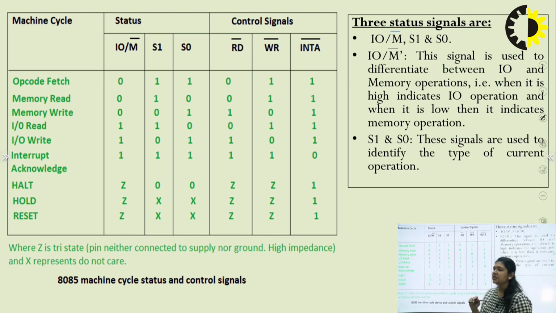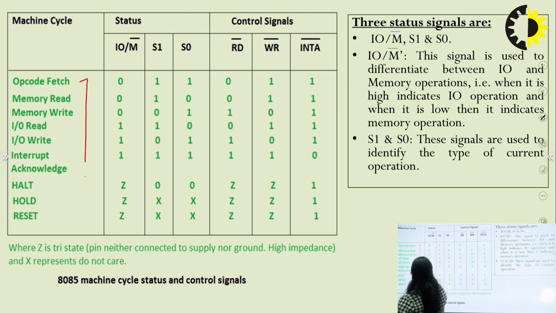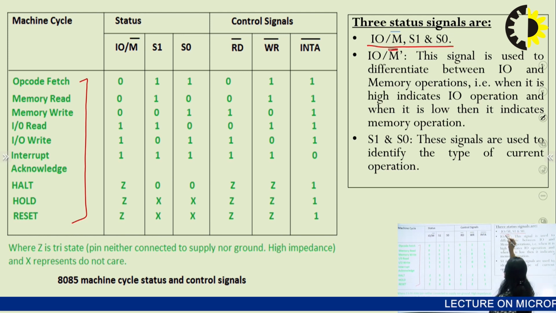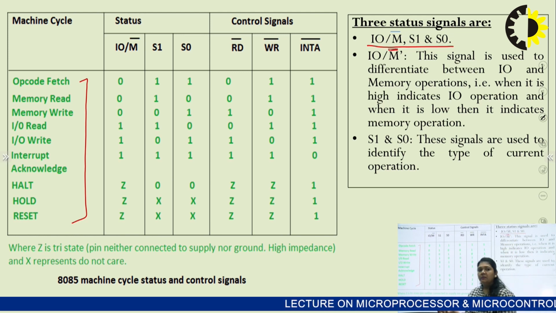So this is the machine cycle. These are the machine cycles which a microprocessor can process. These are the status and these are the control signals. There are three control signals for microprocessor 8085: IO/M bar, S1 and S0. IO/M bar is used to differentiate between input output and memory operations.